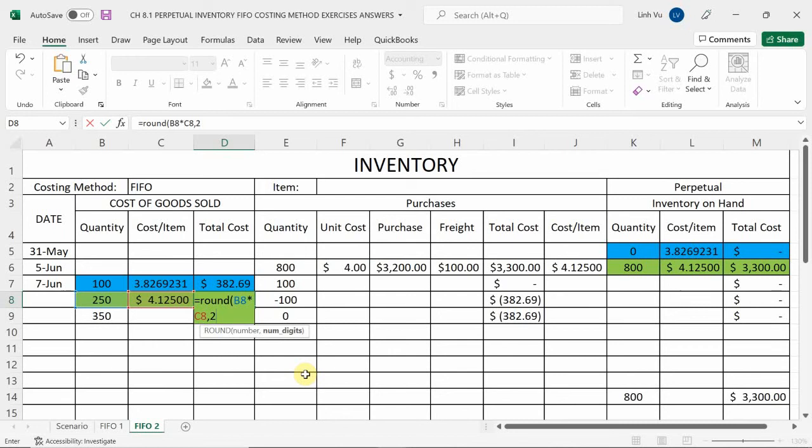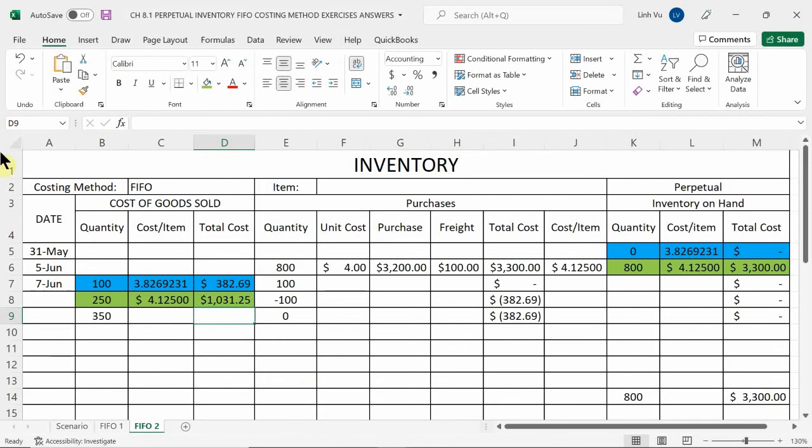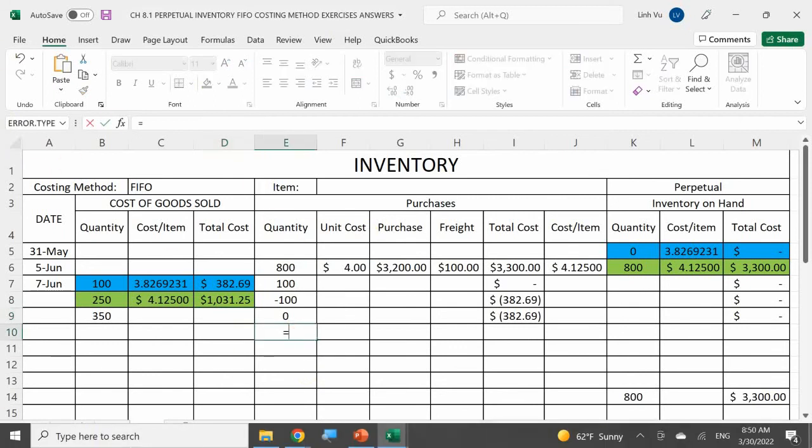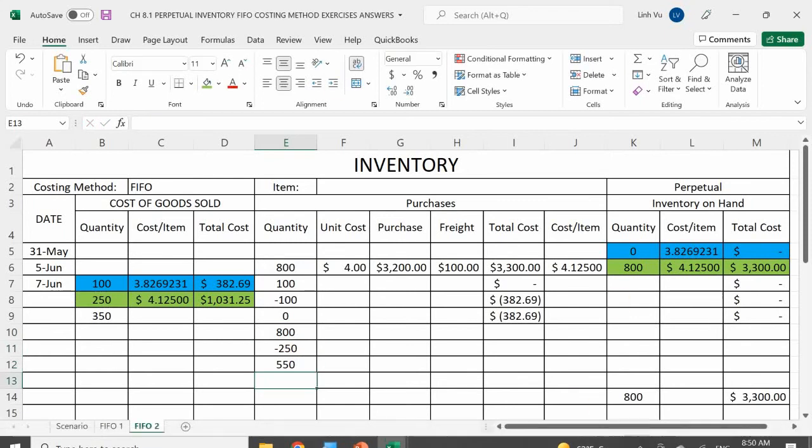It'll be $1,031.25. Good. So in this case, we're going to subtract that out because right now that was out of the 800. We sold 250, so that should give me 550.